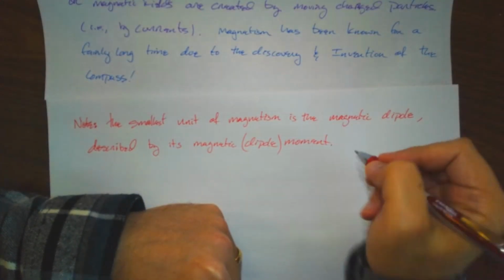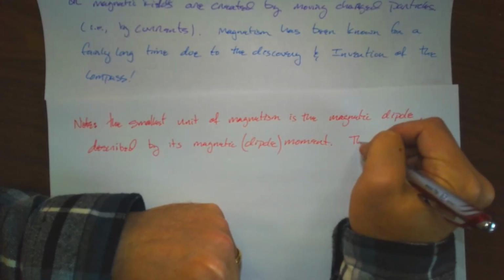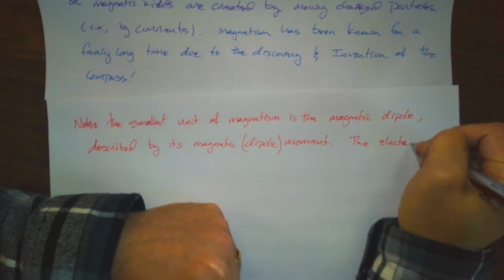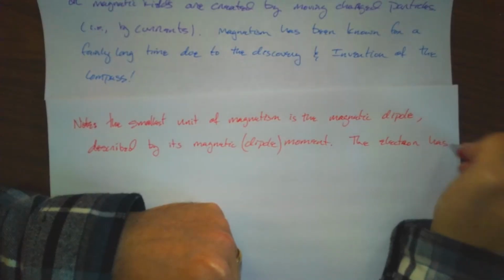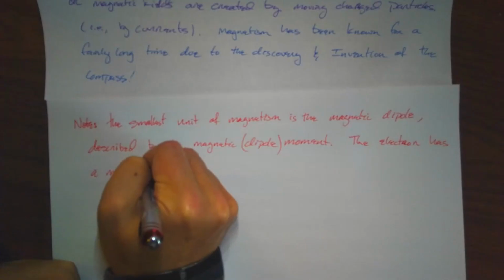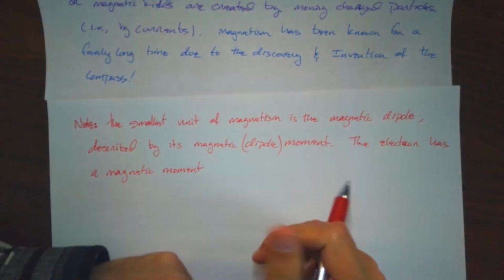I'll probably just call it the magnetic moment. So the electron has a magnetic moment.